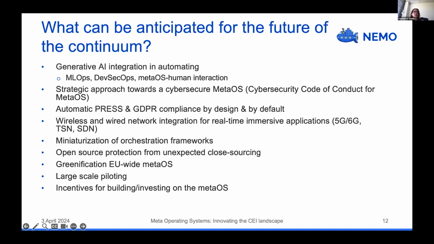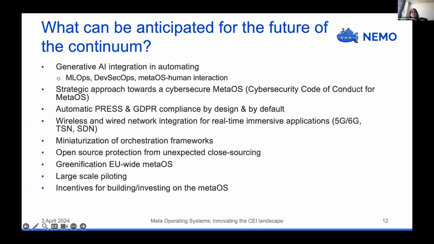So this could be done in a more strategic way, like having hypothetically a cybersecurity code of conduct for the development OS. Once this is actually adopted, for sure ensure present GDPR compliance. PRESS refers to privacy, research, ethical, societal, scientific requirements and concern by design and by default.